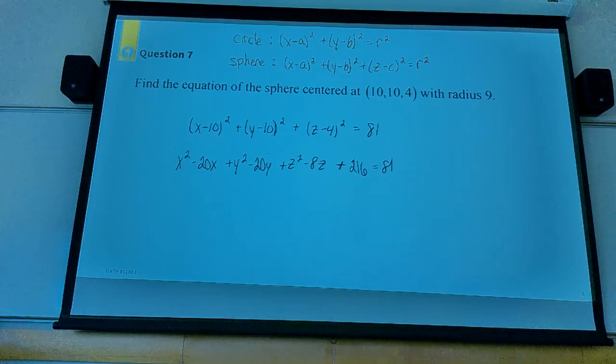What's 81 minus 216? Or 216 minus 81, let's move that 81 to the other side. There's general form. So either one would be accepted, unless I specify it.